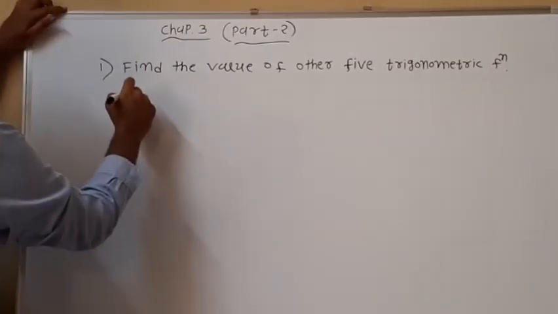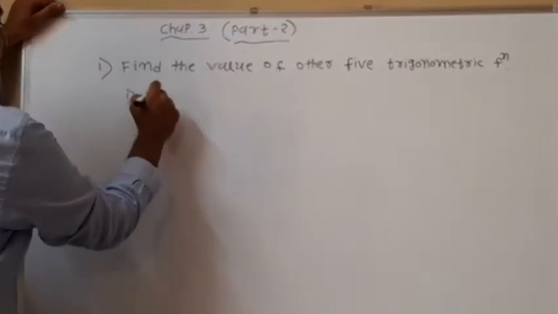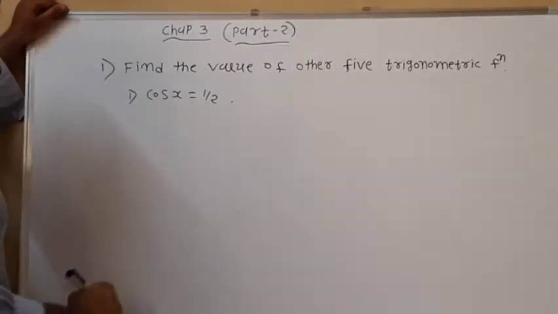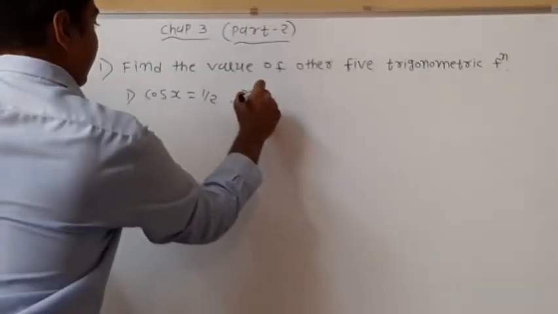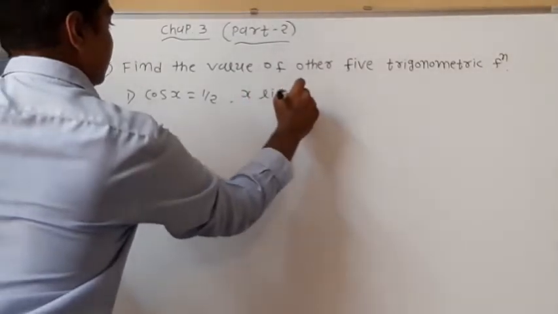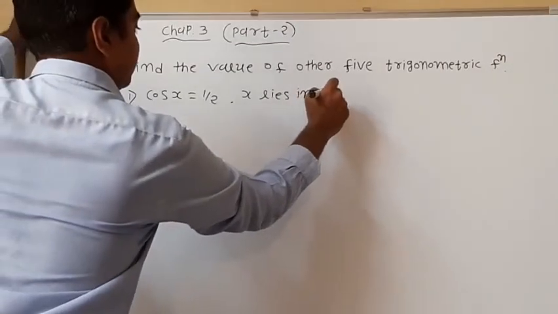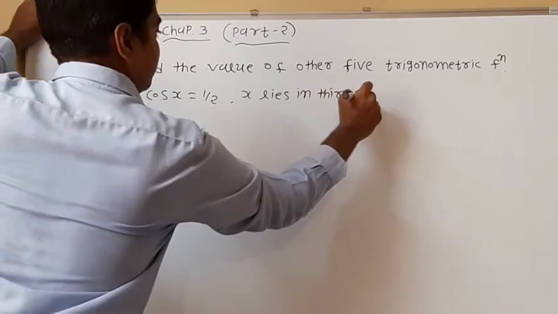In our first question, the value given is cos x is equal to 1 upon 2, and the condition given is that x lies in the third quadrant.